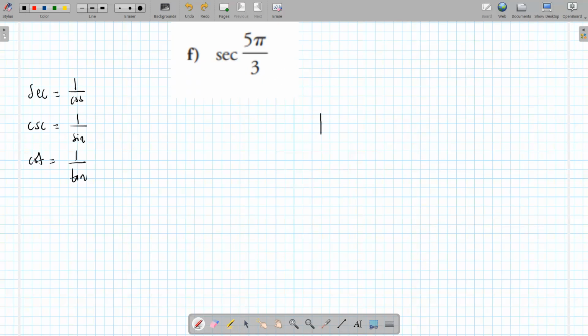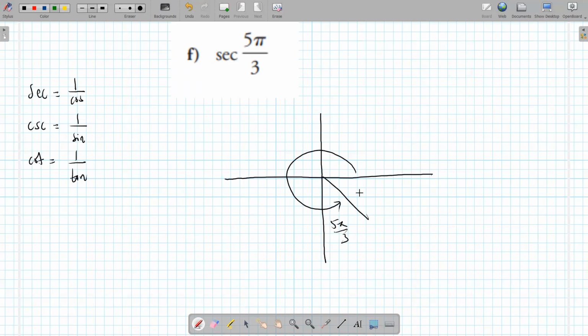Which quadrant is 5 pi over 3 in? The fourth one. So what's going to be our acute angle? If this big angle is 5 pi over 3, what do we need to add to this to get 2 pi, or 6 pi over 3?